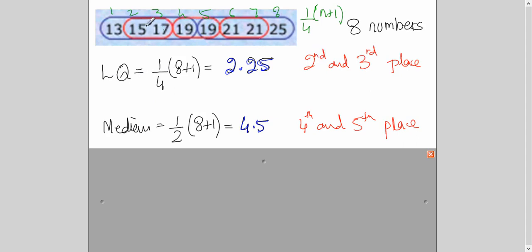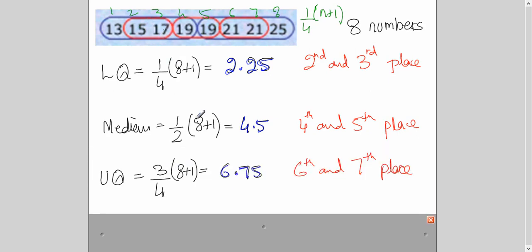So 15 plus 17 divided by 2. And then in the upper quartile, same n plus 1 divided by 4 into 3. 3/4 of n plus 1 basically. So data present at 6th and 7th place, which is 21, right? So this is basically what you do to find out all these quartiles.